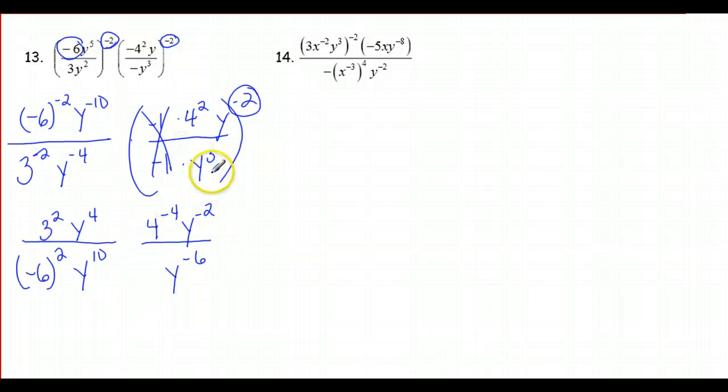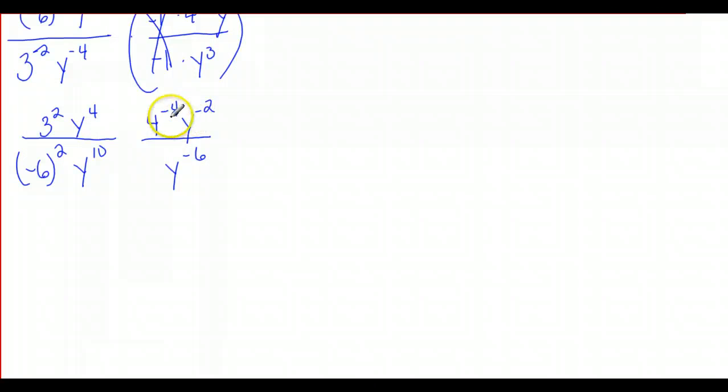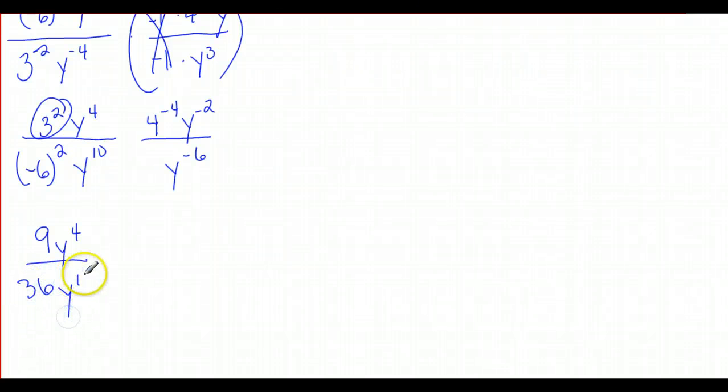Alright, I'm going to simplify a couple things here. Next, I'm going to flip my negatives on my right fraction. So first, let me simplify that. I have 9 y to the 4th. Negative 6 squared is a positive 36, y to the 10th.